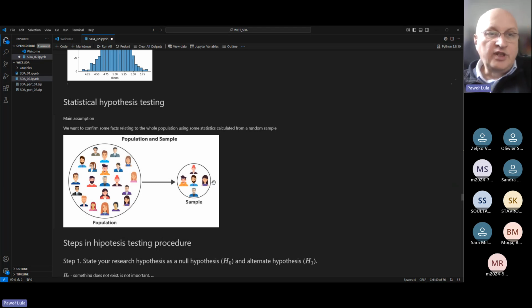Now, very often we use exploratory approach. And we want to identify, we want to find some rules, some regularities in datasets. And we have no assumptions about them. We want to discover these regularities, these rules, these relationships.